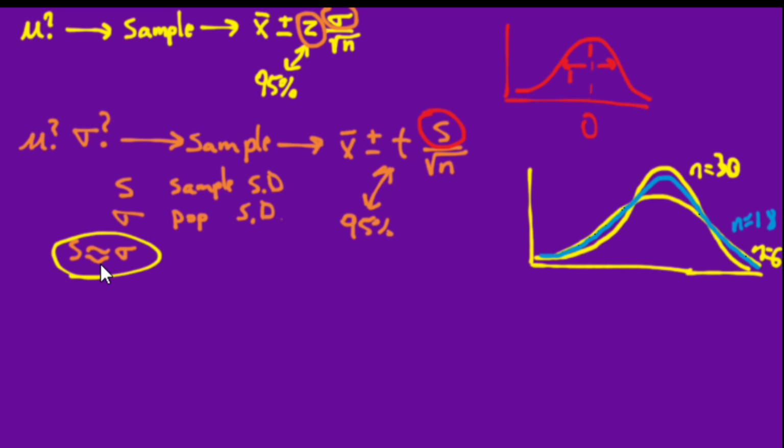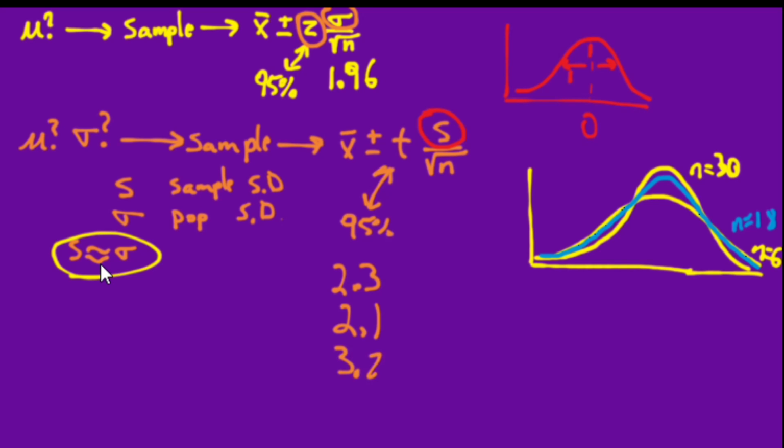In general, for a 95% confidence interval, the T number that we plug in is going to be larger than the Z value. Remember the Z, you're probably starting to memorize this, is 1.96. Depending on the sample size, we might be plugging in 2.3 or 2.1, or it can even be larger.